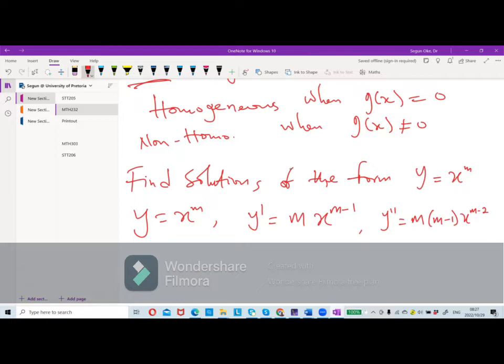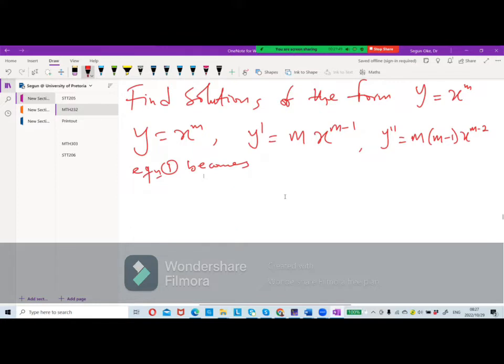Yes, sir. Okay. Now we are going to substitute. Then equation 1 becomes, what? You substitute them into your equation 1. We have a s squared.